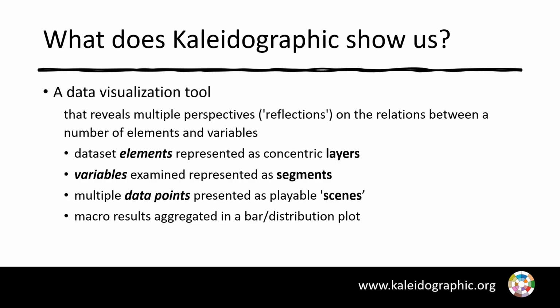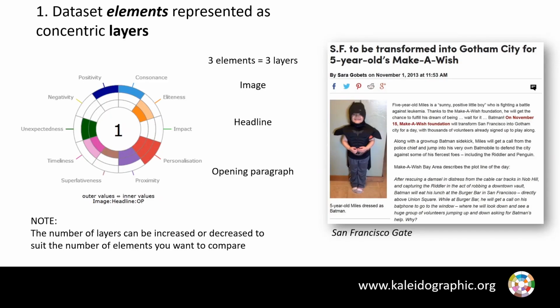So I'll just step through each of these. What is an element? What is a variable? What are your data points? So first of all, in relation to our news values analysis example, this data set has 3 elements: image, headline, and opening paragraph.